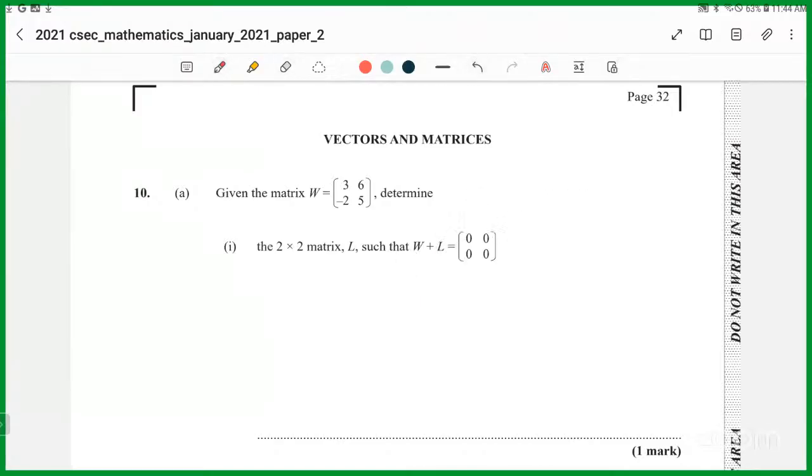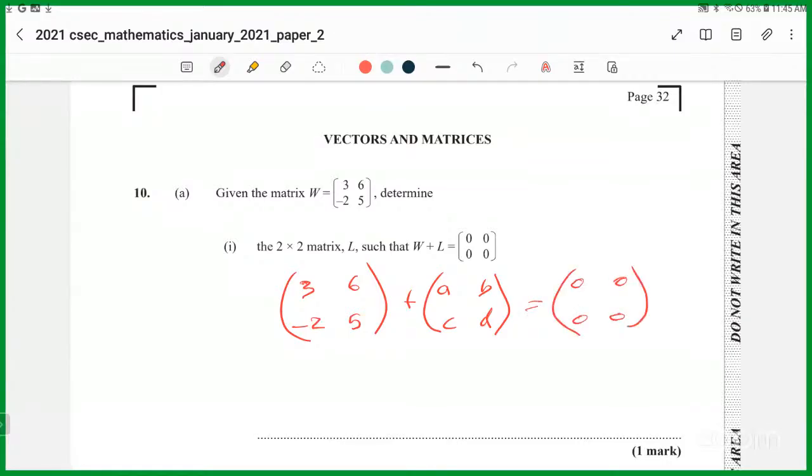So kind of easy. We want to find the matrix L. If you have 3, 6, minus 2, 5, that's W, and you're adding another matrix L, let's call that matrix a, b, c, d, and that's equal to 0, 0, 0, 0.